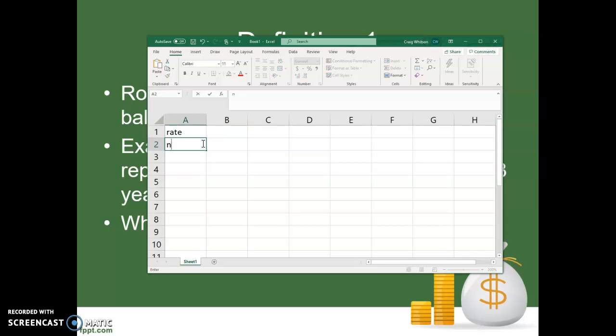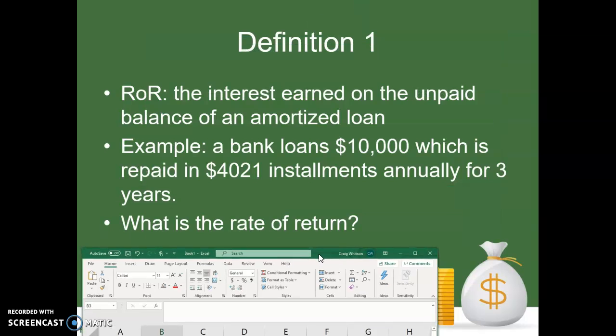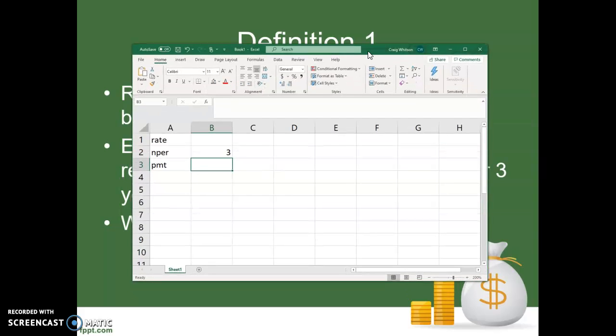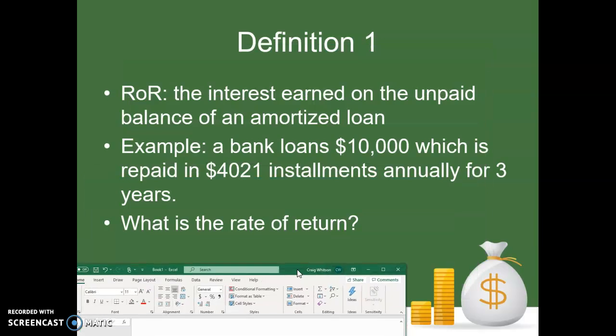So our number of periods is 3. The payment, or PMT, is 4021. And the present value is, what was it, 10,000.